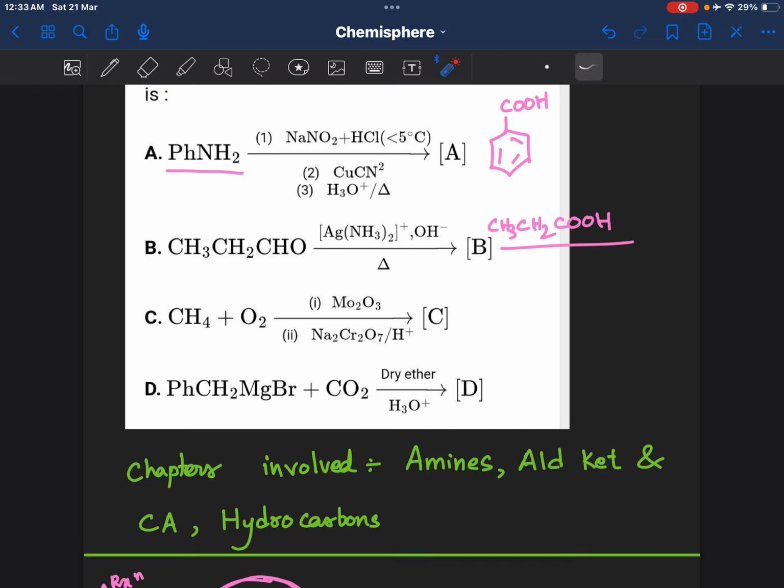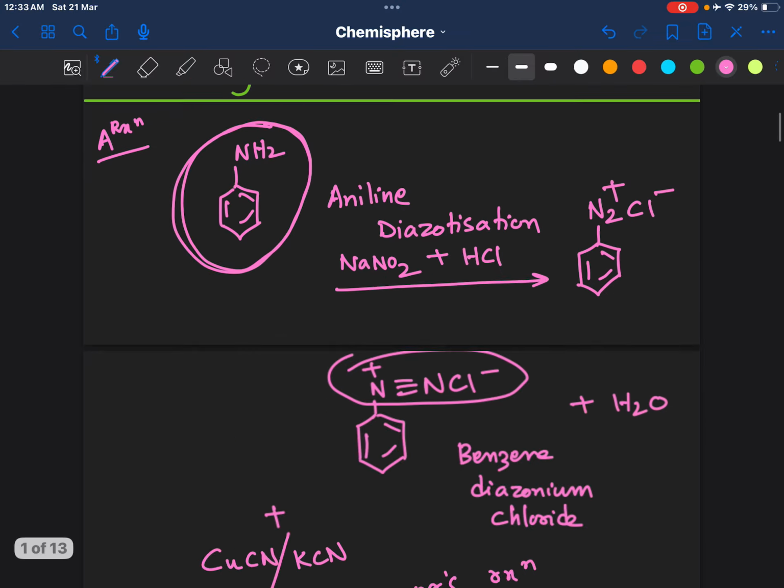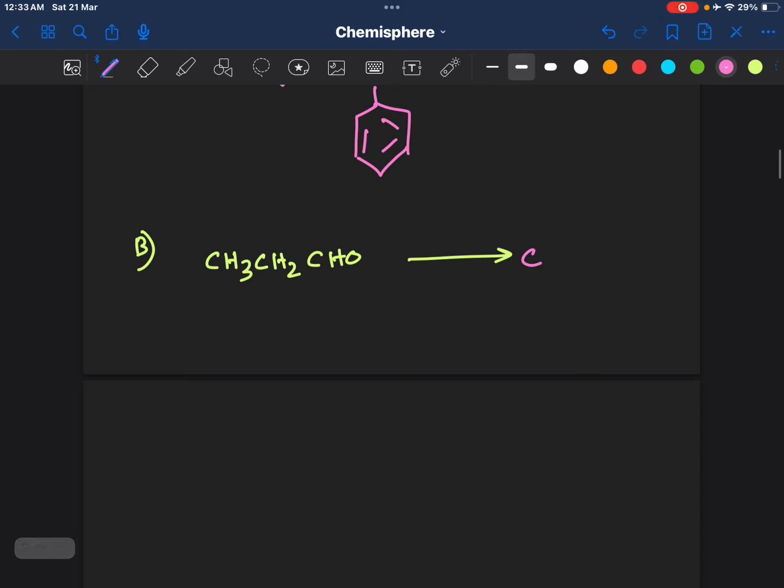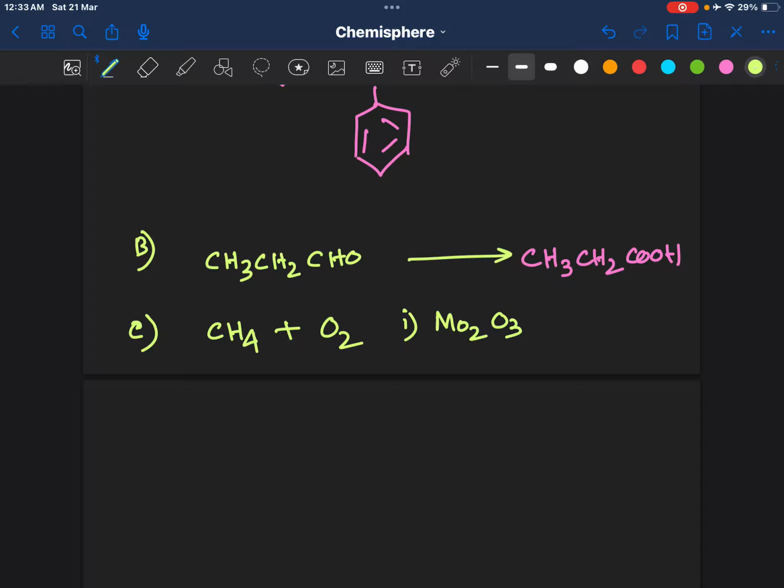Then let's look at reaction C. So for B we got this as CH3CH2COOH. Third one, C: we have a mixture of methane and oxygen, first in the presence of molybdenum oxide, with heat and pressure.